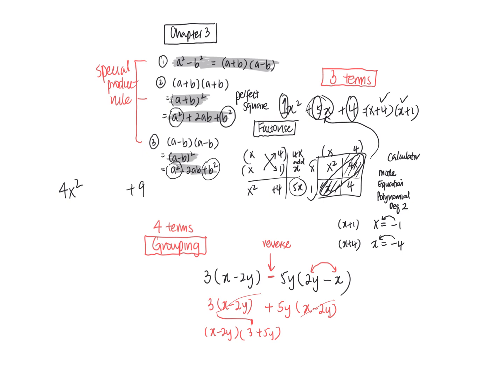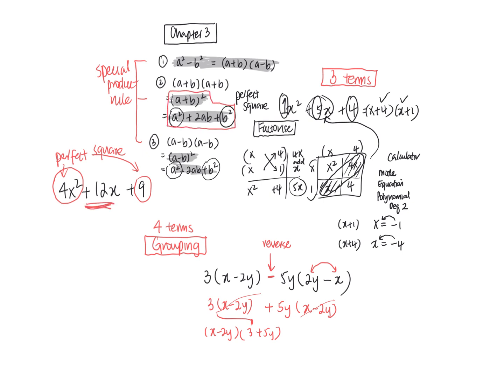In the middle there's a term here, so it will be 12x. So you check if your first term is a perfect square and your last term is a perfect square. You can suspect that most likely I need to use 1, 2, or 3. So since this is a plus, you know you must use number 2.